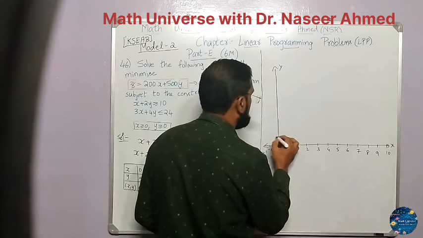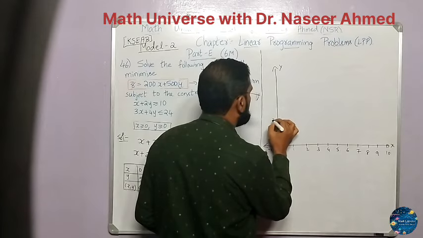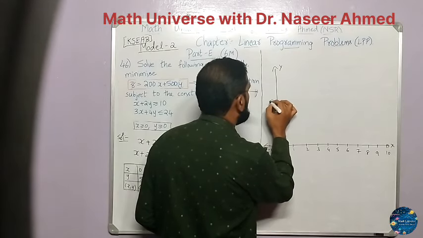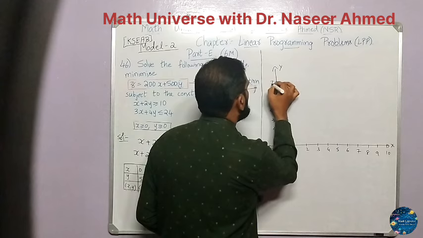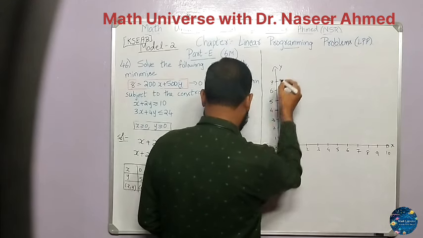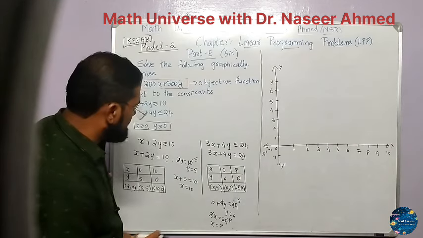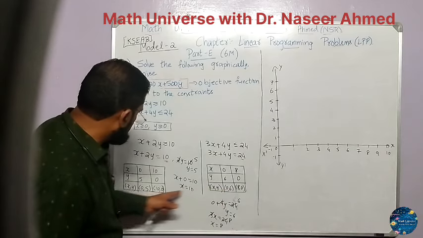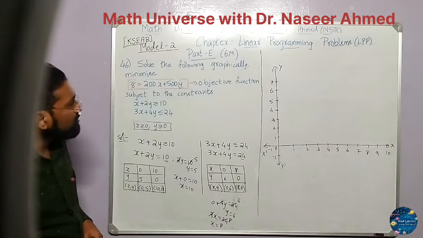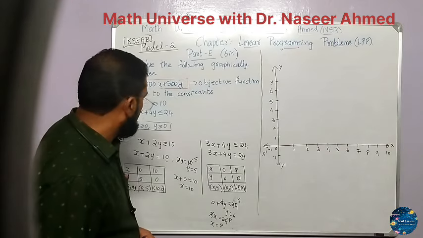No problem. And here also 1, 2, 3, 4. The largest value along the y-axis, we can stop at 7 because the largest is 6. Even if you write more, there is no use of that.